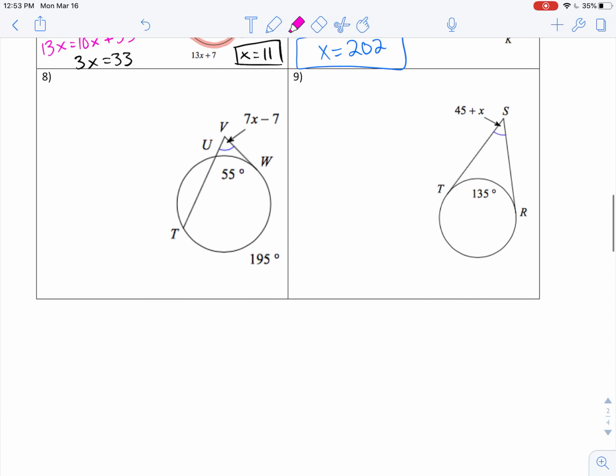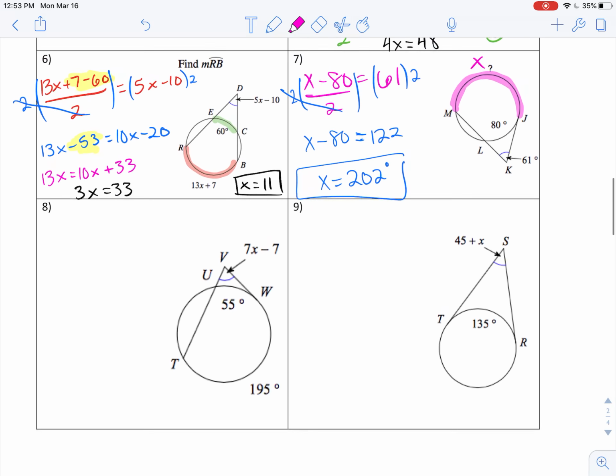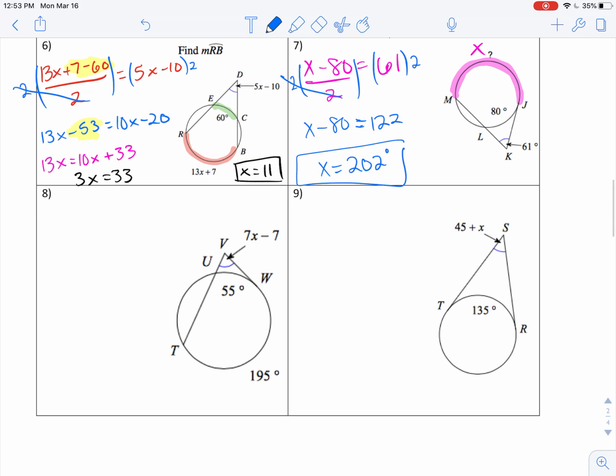So number 8 and 9, same thing. Let me leave these here. So intersection outside the circle, 195 minus 55 divided by 2 gets me 7x minus 7. How do I get rid of dividing by 2?